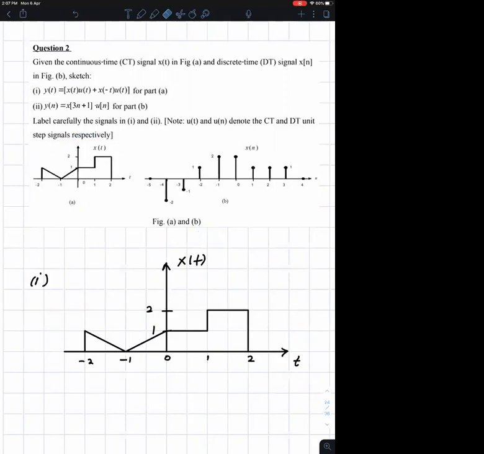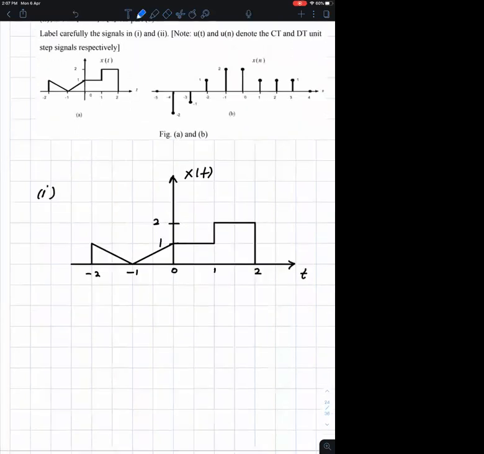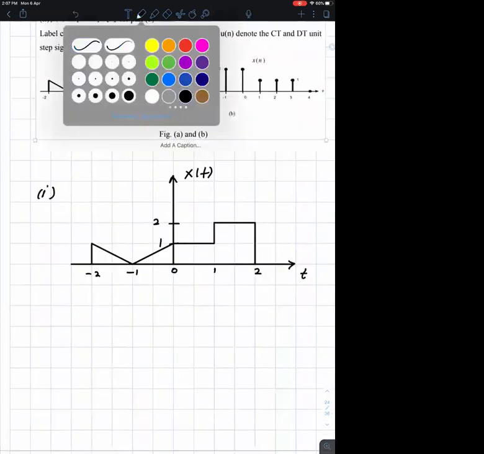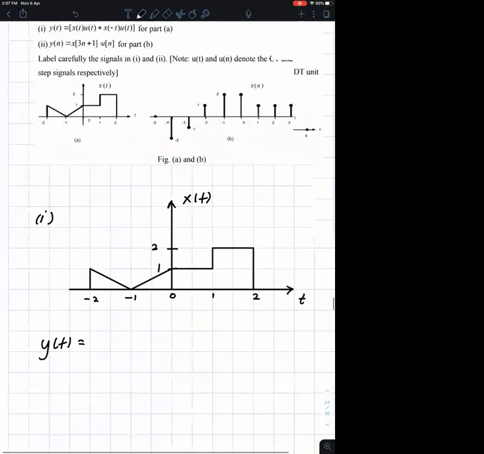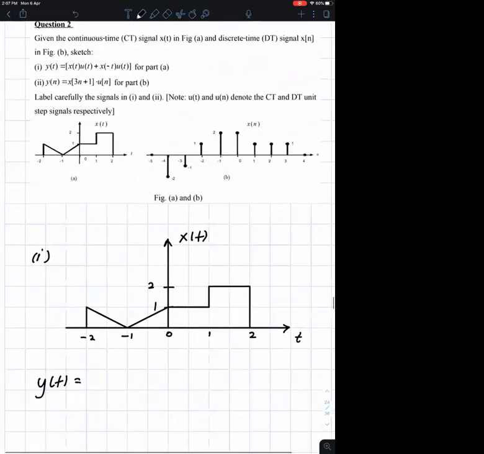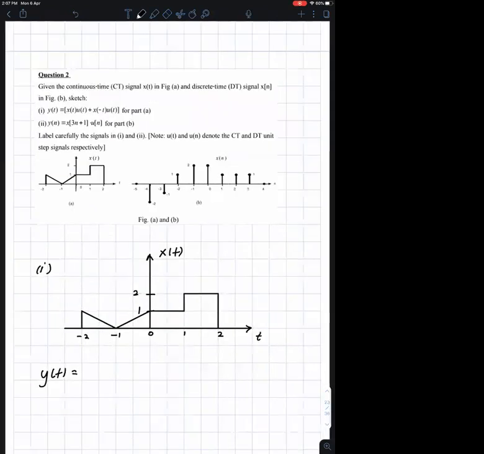Okay. So now you want to sketch y(t), which is equal to x(t)u(t) plus x(-t)u(t).